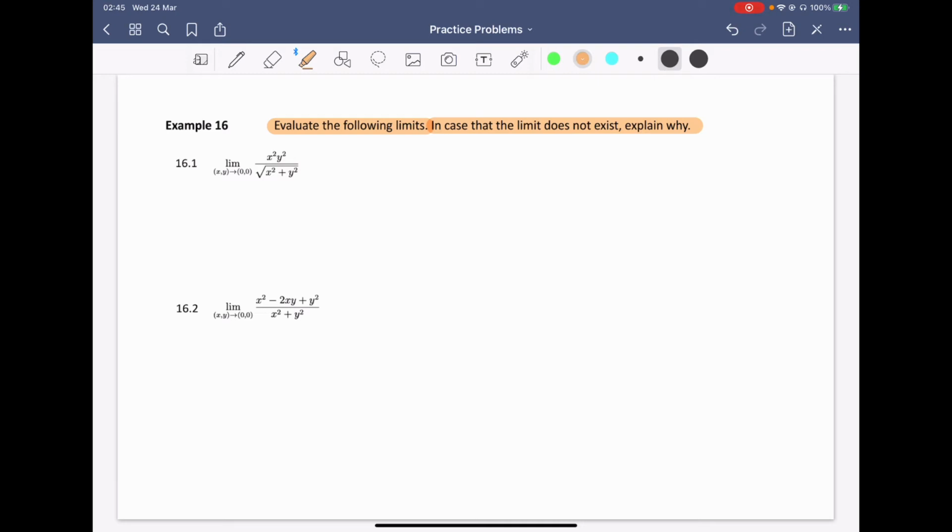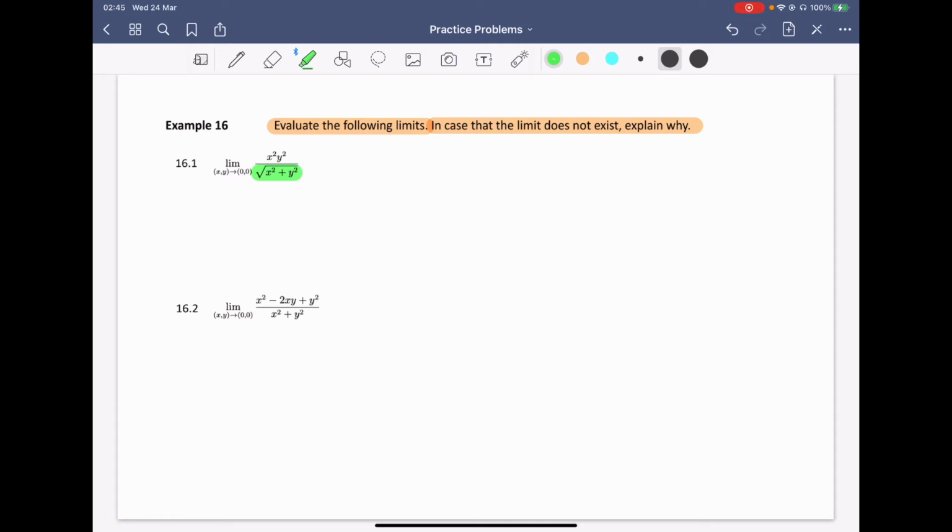So for 16.1, you have this limit. If you try to plug in (x,y) equal to (0,0) into the function, you're going to get 0 over 0. Keep in mind that when you see the denominator x squared plus y squared under a square root, you have no chance to factor or do the conjugation.